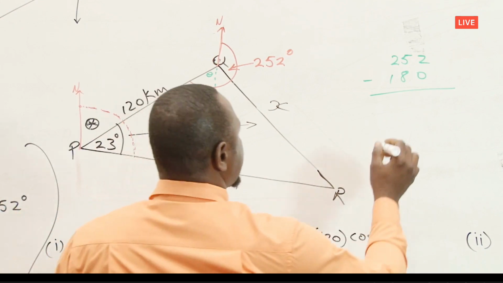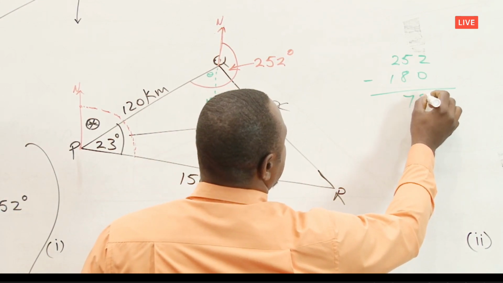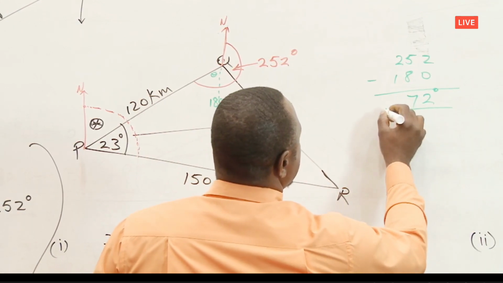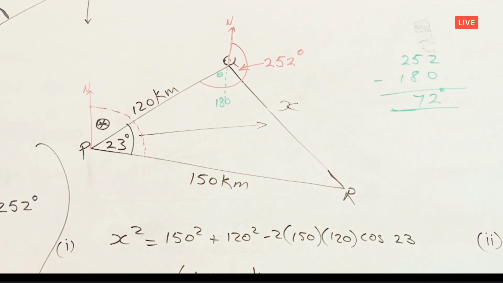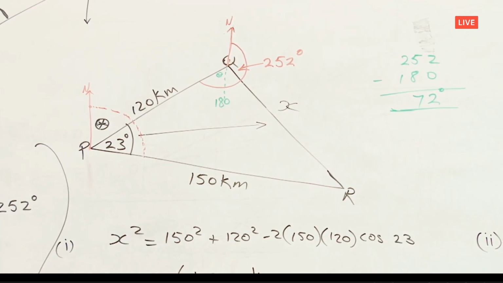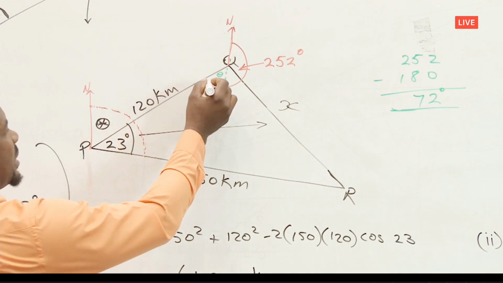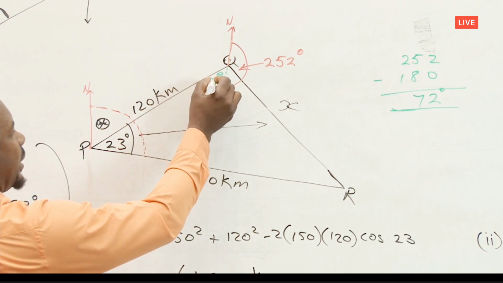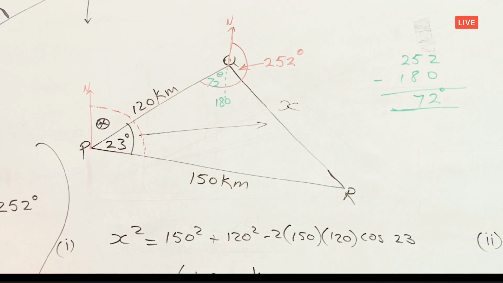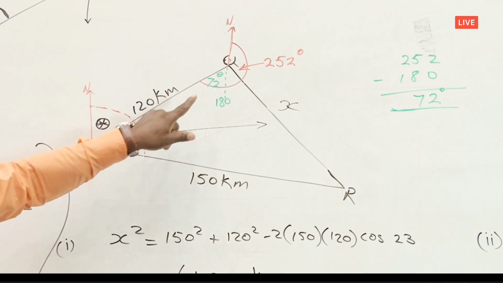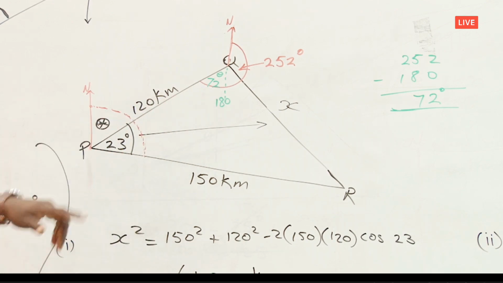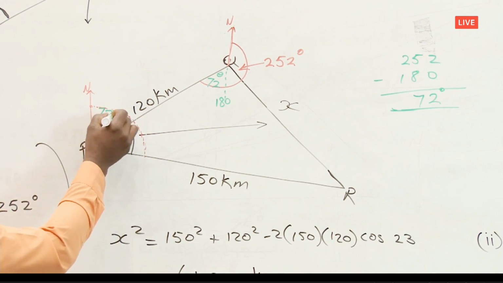We're going to end up with an angle of 72 degrees, not a bearing. So this angle here would be 72 degrees, and that angle is the same size as this angle, which is 72 degrees here.